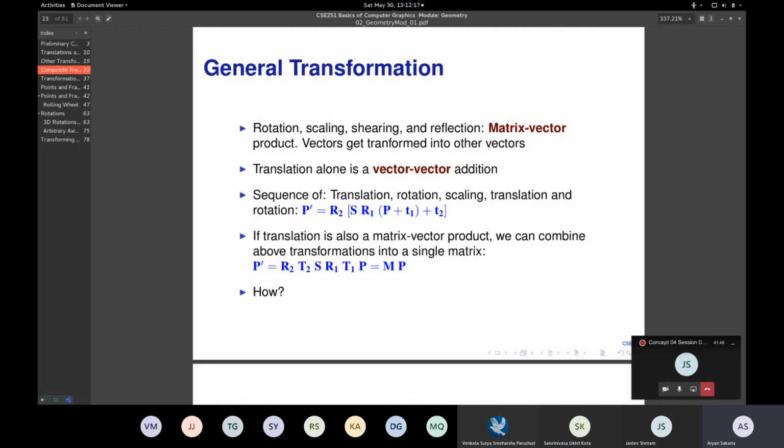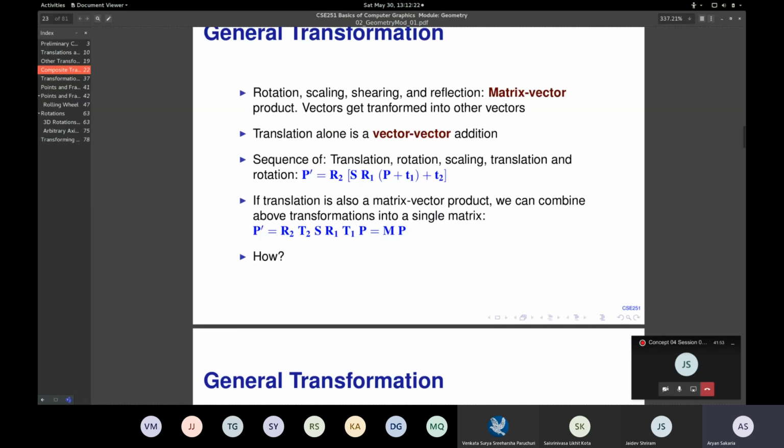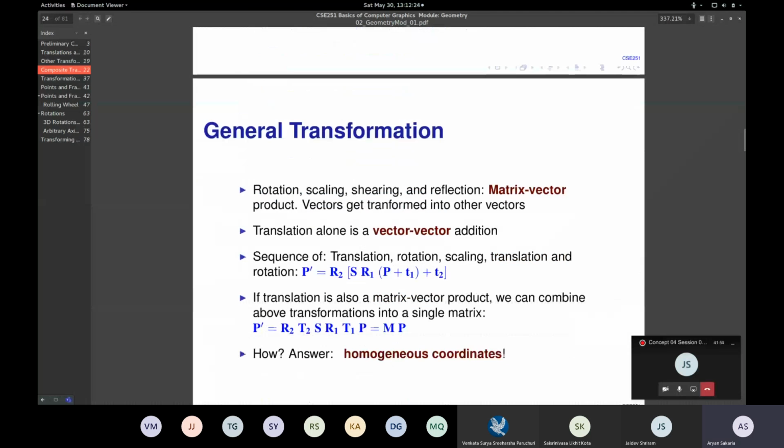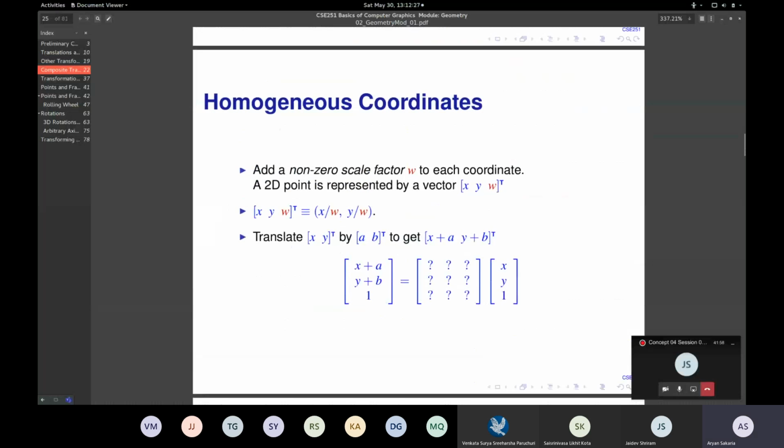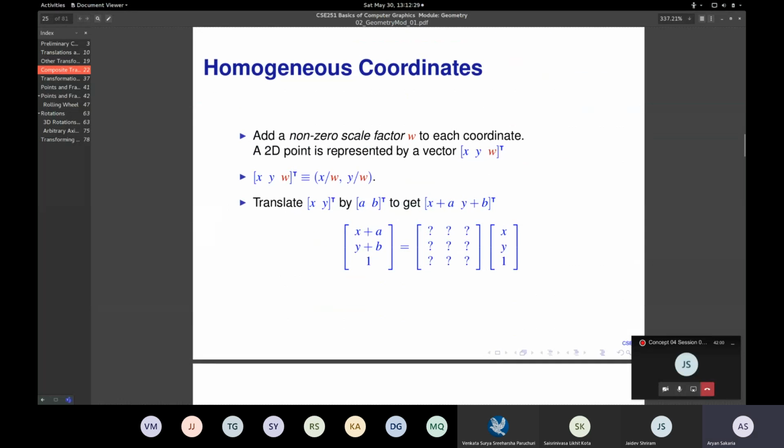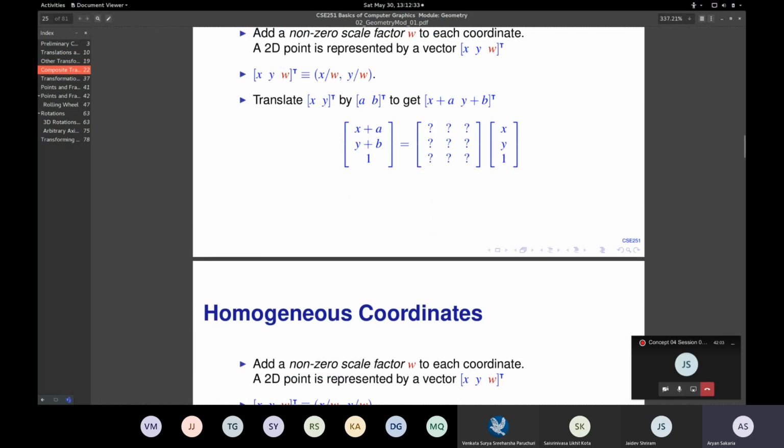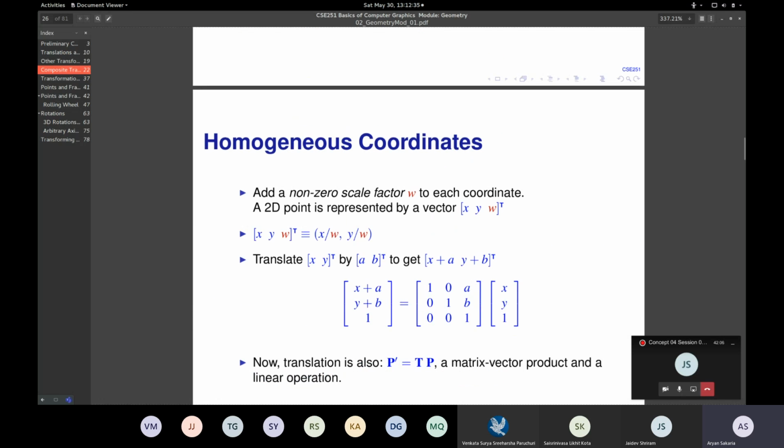Your fourth column can just be your translation vector. So for homogeneous coordinates in 2D, if you want x plus a, y plus b, then you can simply take the identity matrix in the first 2 by 2 block and an a, b vector in the last column.